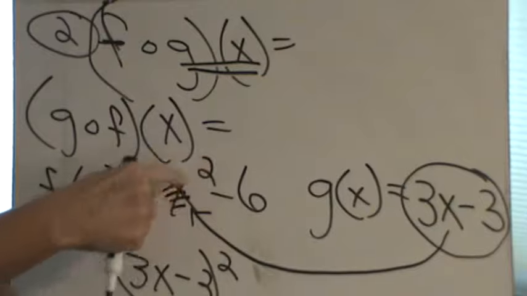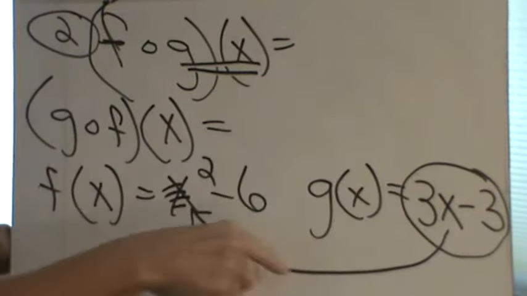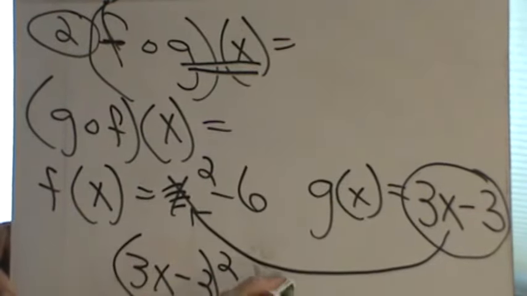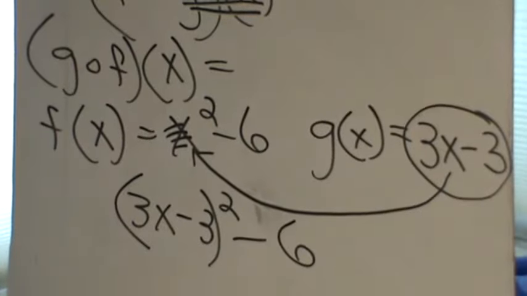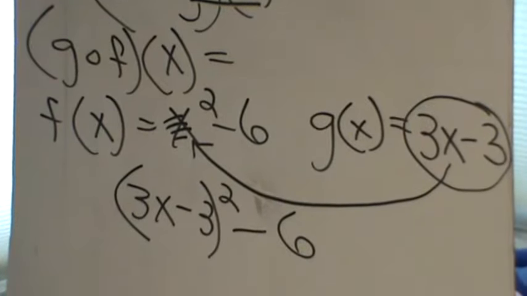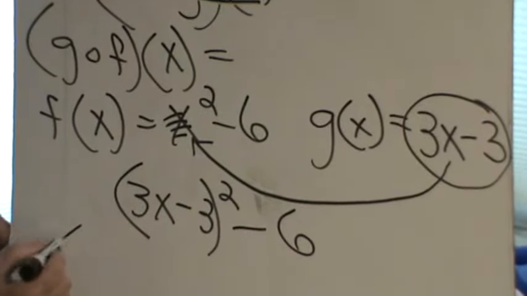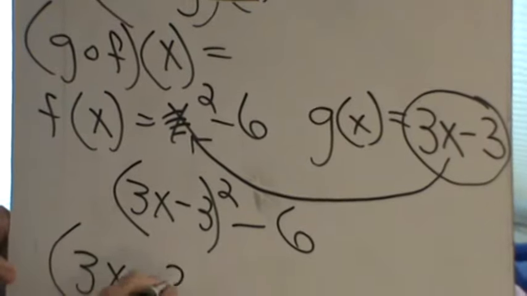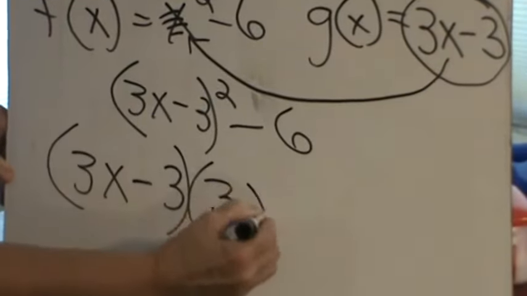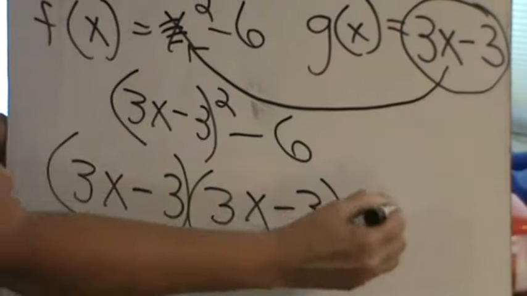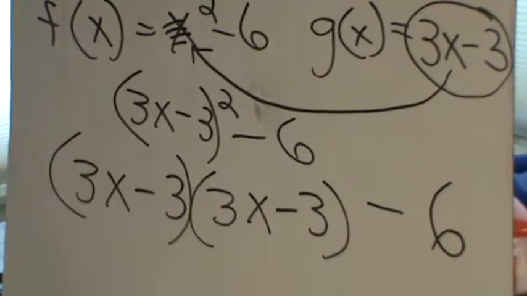You can't mark it out. You can only mark out x and put in a new math problem. Take away 6. Now guess what you have to do? You have to simplify this, which means use your FOIL. Multiply 3x minus 3 times 3x minus 3.